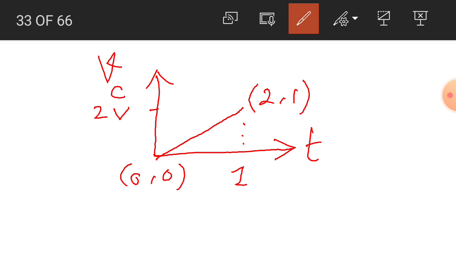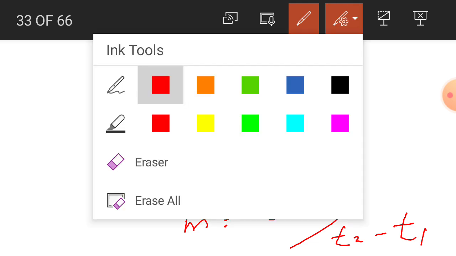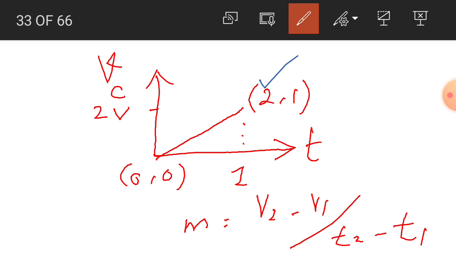Okay. So we want to calculate the slope of this line, and the slope of this line, which is represented by m, will be equal to v2 minus v1 divided by t2 minus t1. This will be the slope of this line, where v2 is 2 volt.